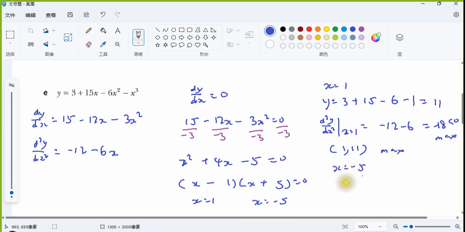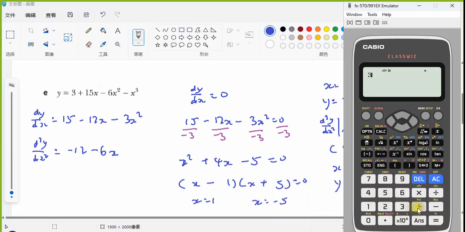When x equal to negative 5, y is 3 plus 15x minus 6x squared minus x cubed.